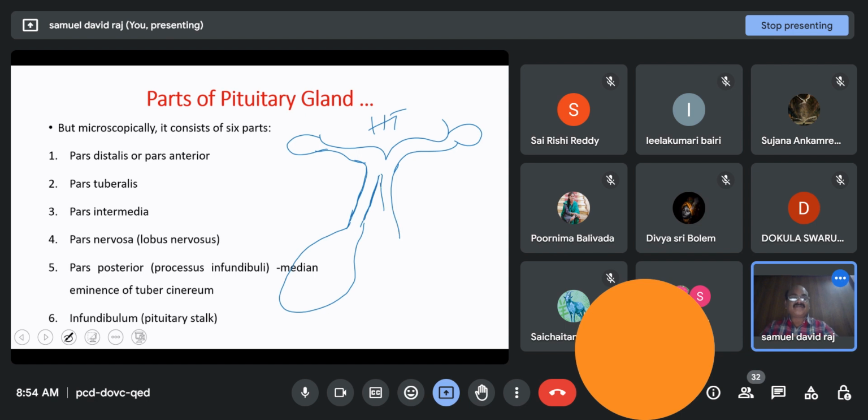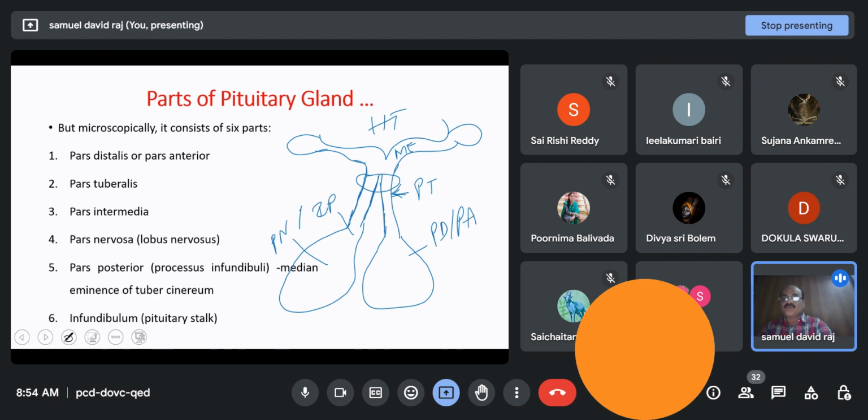And this part, along with a part of the infundibular process, constitutes the pars tuberalis. So this is median eminence, this is pars tuberalis, this is infundibular process, and this is pars nervosa. Infundibular process or pars nervosa. And pars tuberalis continues as pars distalis.